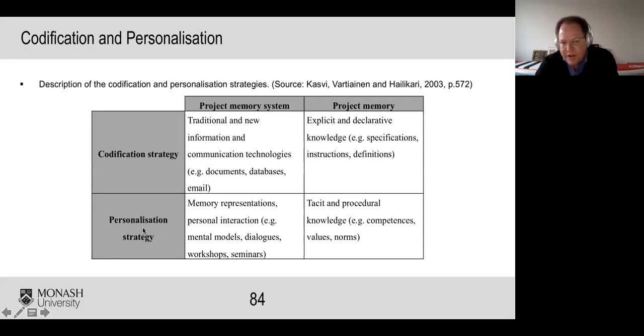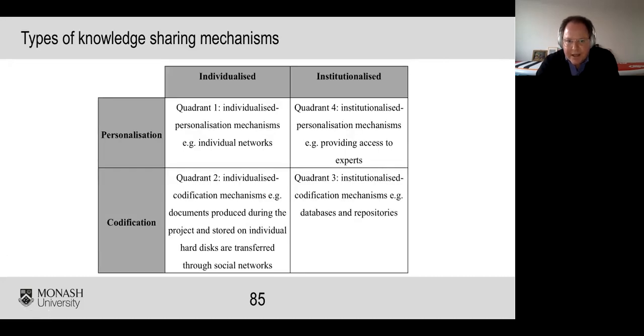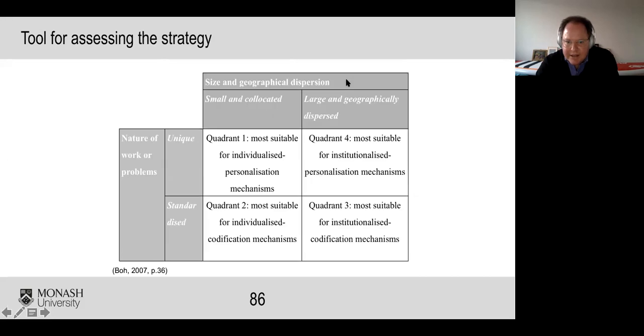And then there was the more people-focused strategy, personification: personal interactions, and the project memory was tacit and procedural knowledge, so maybe competencies, values, norms of the organization. You can then stratify that in terms of learner versus individual and institutionalized. And that gets you actually quite far.